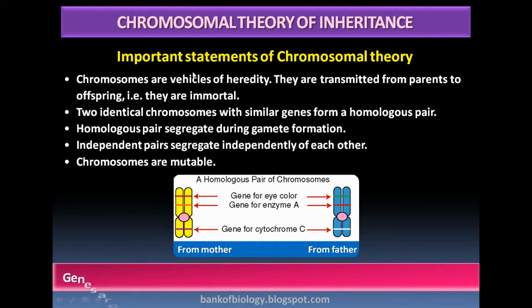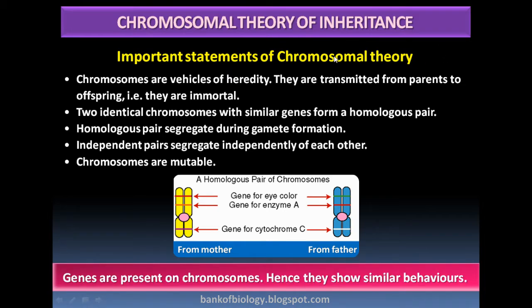The important statements of this chromosomal theory were: chromosomes are the vehicles of heredity and they are transmitted from parents to offspring, and hence the genes are transmitted. Genes are the carriers of characters, and genes are located on the chromosomes. Two identical chromosomes with similar genes form a homologous pair.